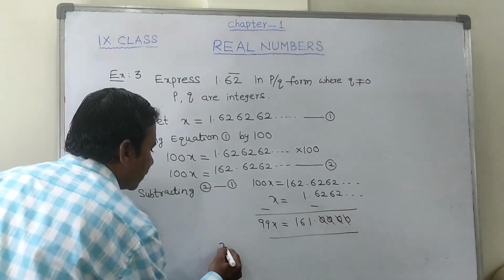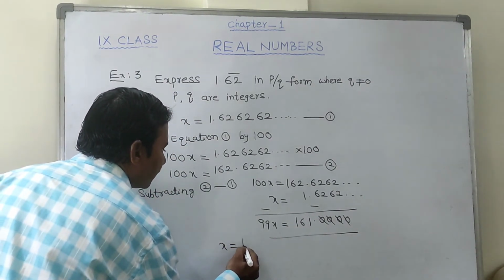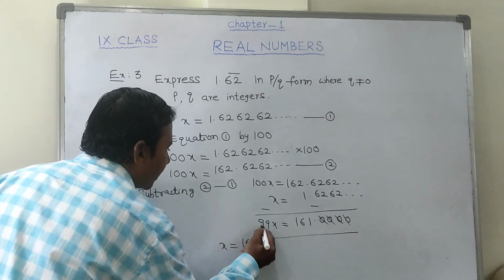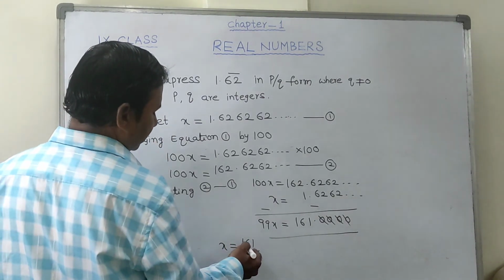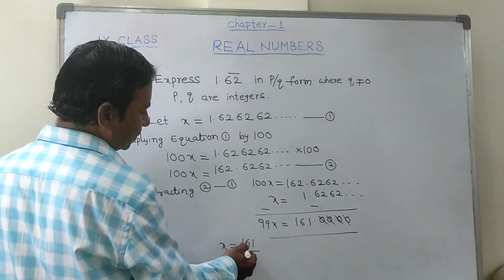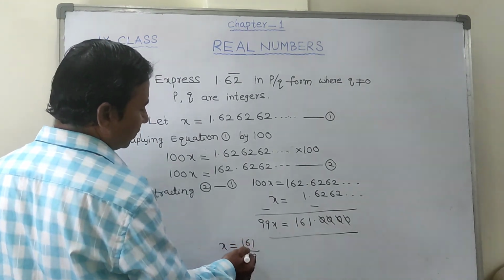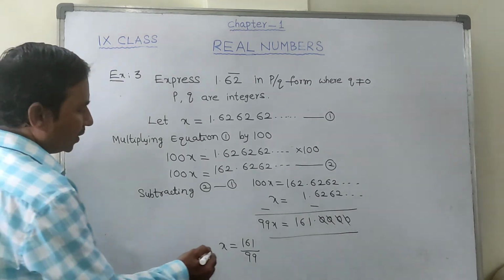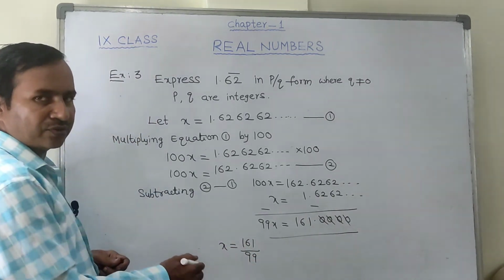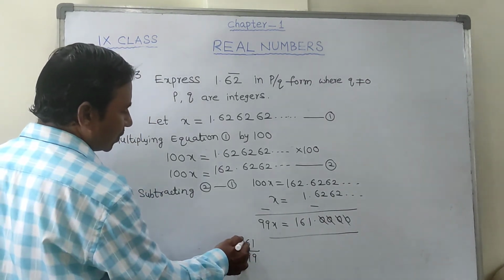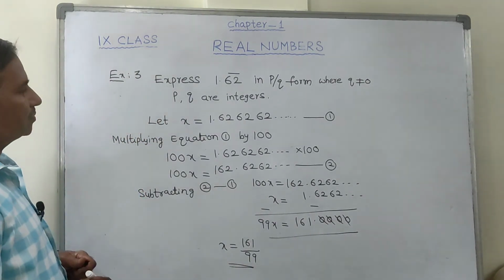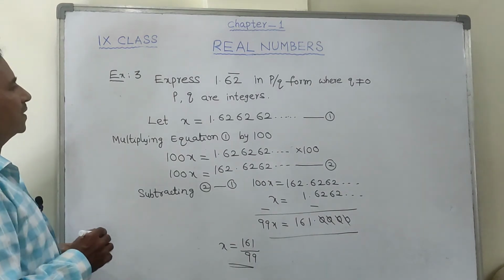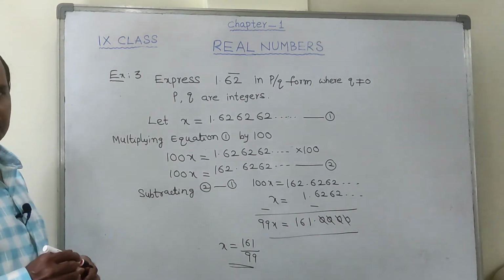So simply you can write x equals 161 by 99. Is it simplifiable here? No. This we can't simplify further. If any fraction can be simplified, you can simplify. If it is not possible, you have to leave it like this as the answer. So like this we have to do this exercise, the example 3 problem.